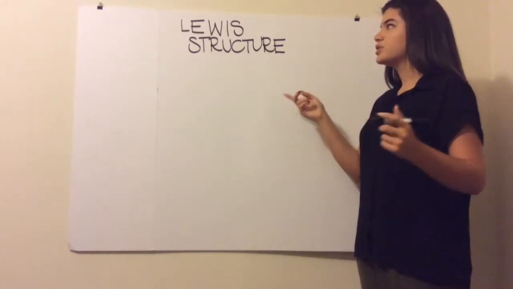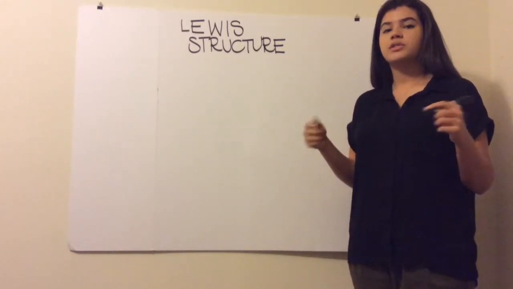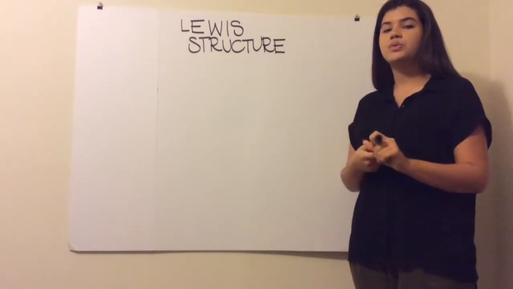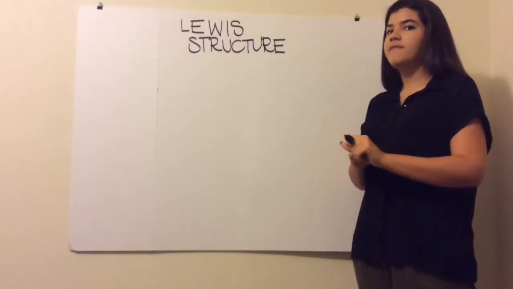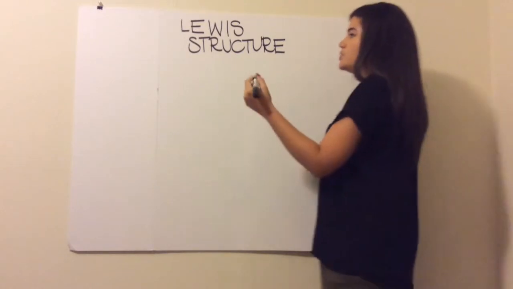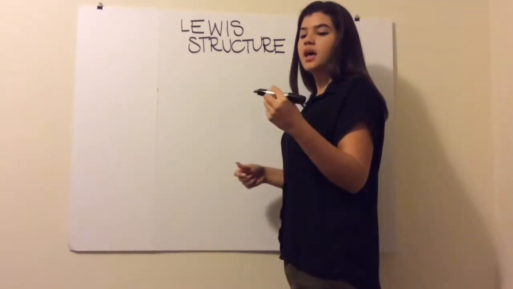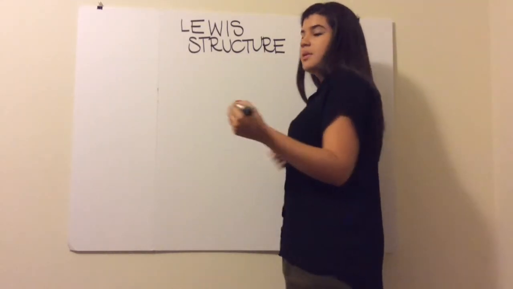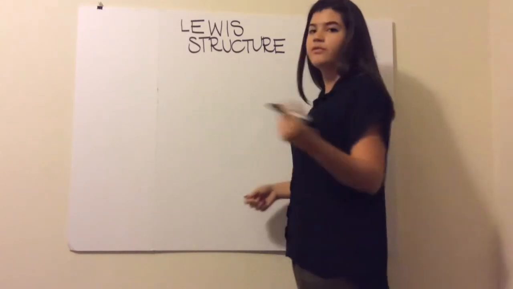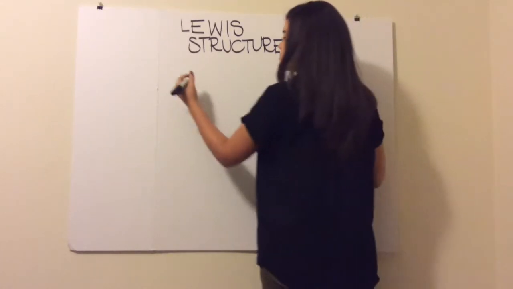Lewis structure was invented, or discovered, by someone by the name of Gilbert Newton Lewis. He found a way to organize an atom's valence electrons by using dots. For example, I'm going to use carbon.